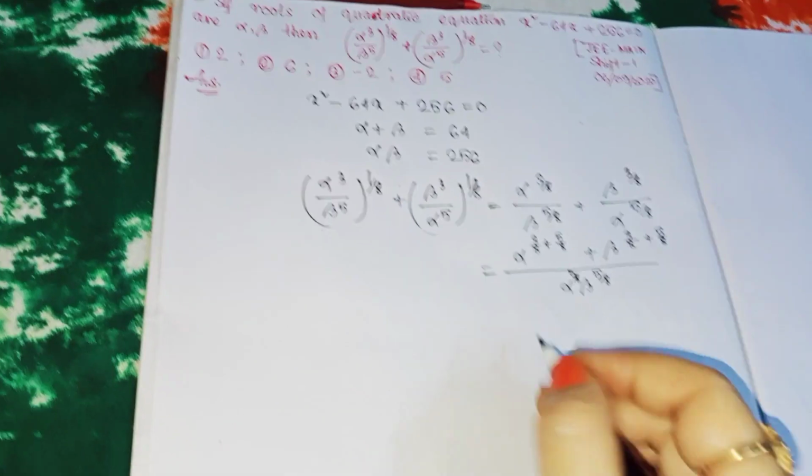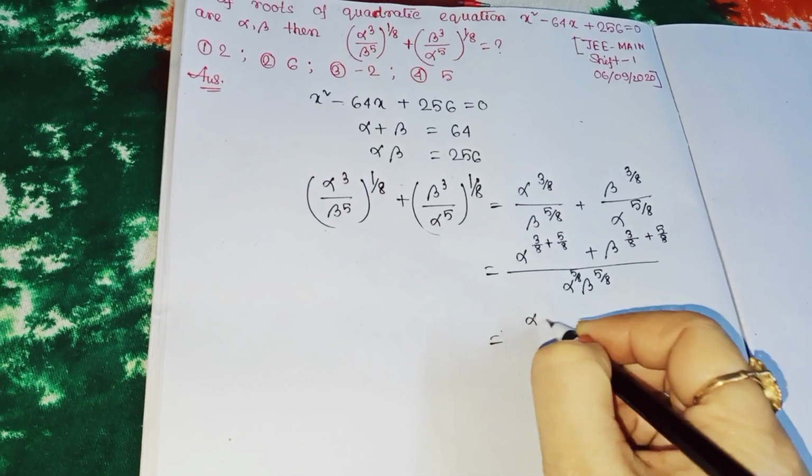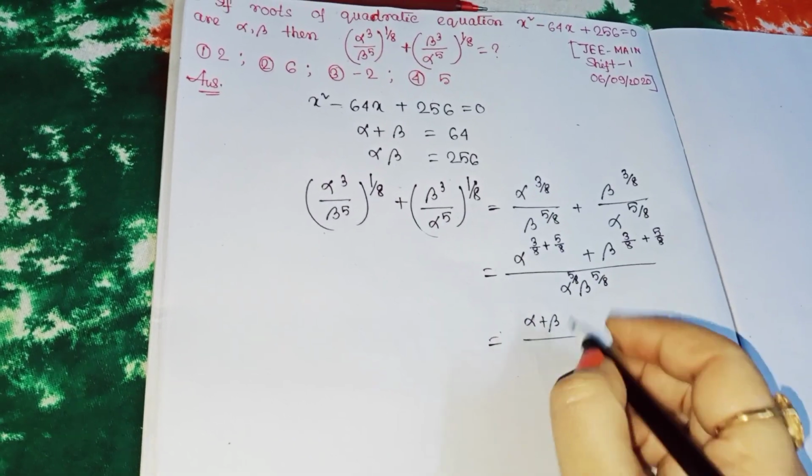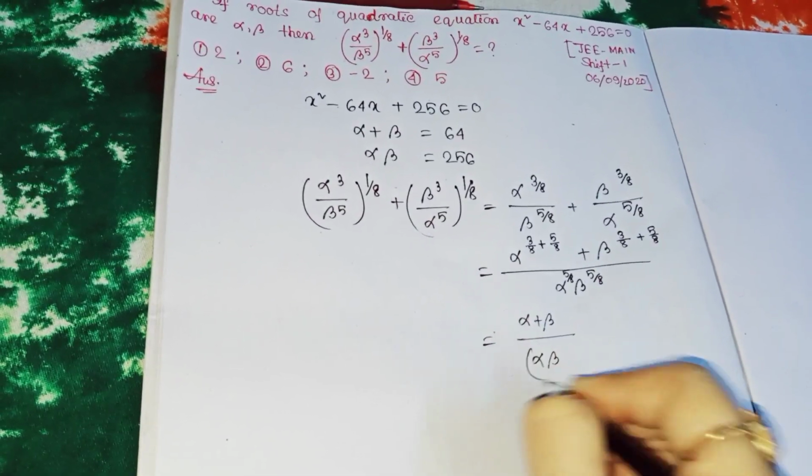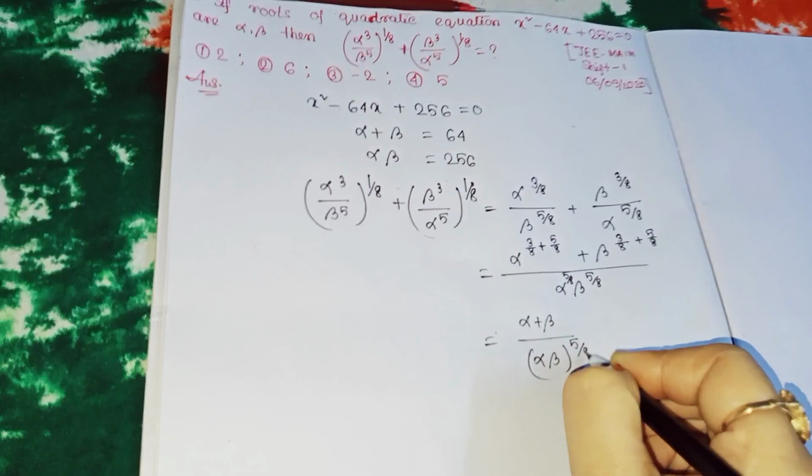So the numerator becomes alpha plus beta and the denominator is (alpha beta) whole to the power 5 by 8.